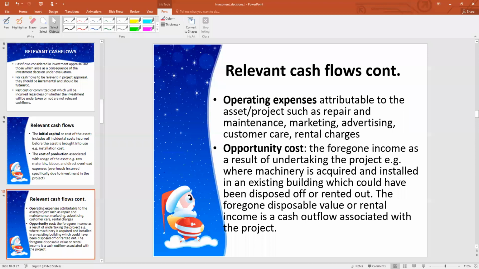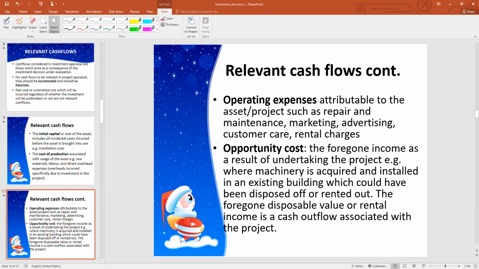But since you have now decided that you're going to buy a new machine, assume you're going to install this new equipment in the second factory. Don't forget, since you're going to install it in this second factory, you need to, in quotes, kick out the current tenant there, because the factory is currently being used by someone else. But now, since you want to use it, you have to kick them out.